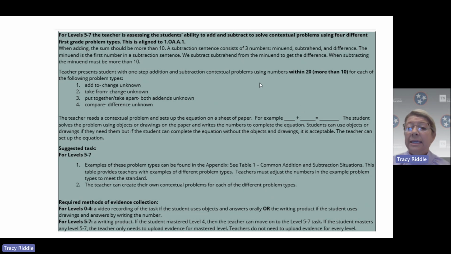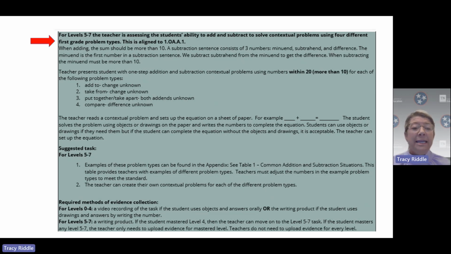Again, a subtraction sentence consists of 3 numbers: a minuend, a subtrahend, and the difference. The minuend is the first number in the subtraction sentence. When doing subtraction sentences, make sure the minuend is more than 10 for the first grade problem types, but within 20.